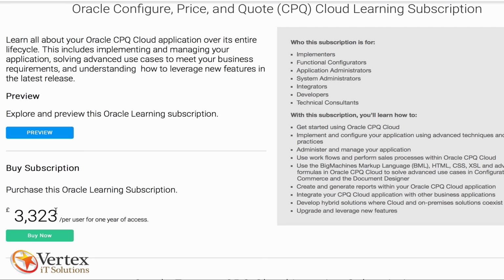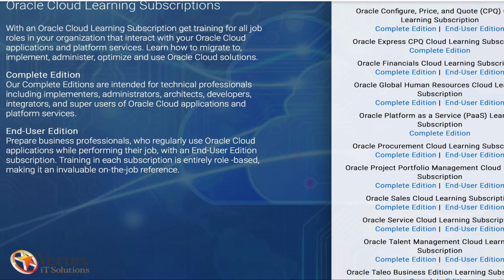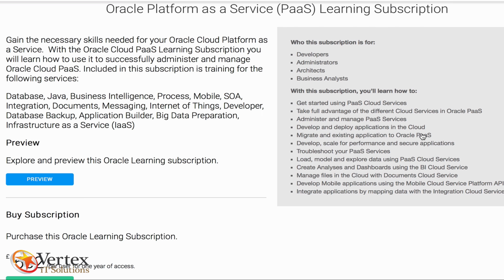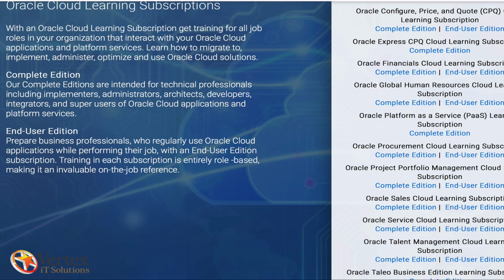The complete edition is 3,323 for the majority of CLS, that's for the year. Platform as a Service only offers a complete edition, and that's subsequently cheaper at £662 for the year, which is great value for money.